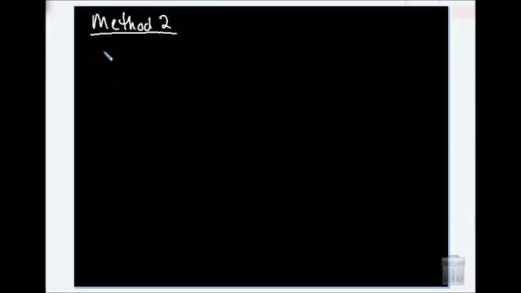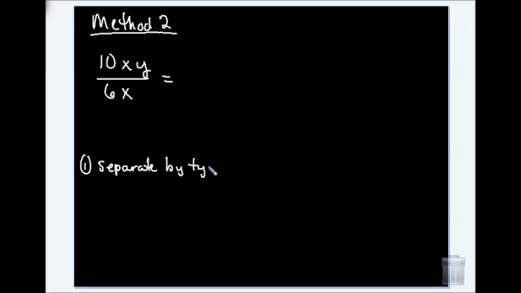So same problem. I'm going to do it so that you can see the comparison. First you're going to separate by type. Okay, so numbers together, x's together. There's only one y, so I'm just going to put a 1 underneath it.